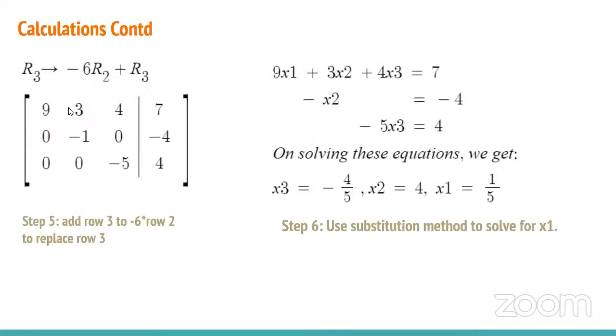We don't care if it's 1 or 2. Now to get all of the numbers, we use the substitution method to solve for x1, x2, and x3, as we did in the Gaussian elimination. That's why I said it's also a form of Gaussian elimination, because there are only some little differences between them.